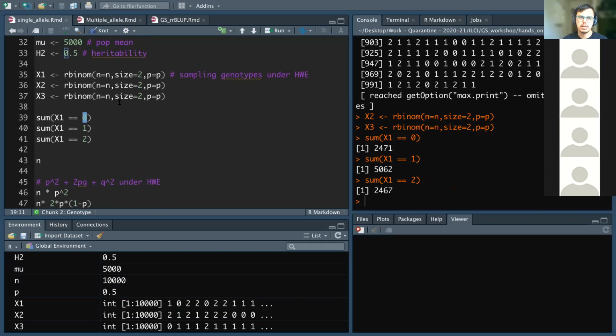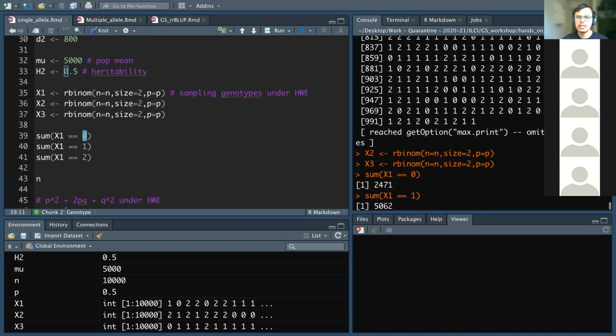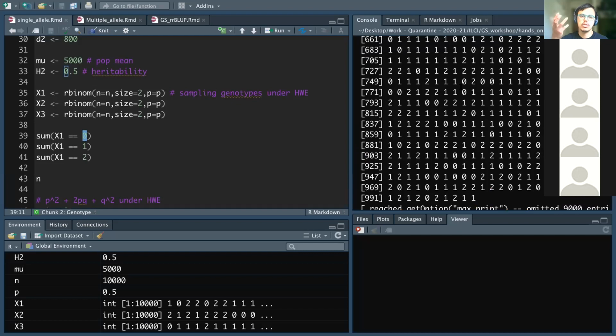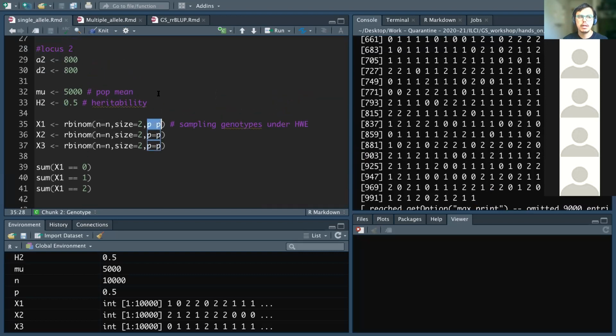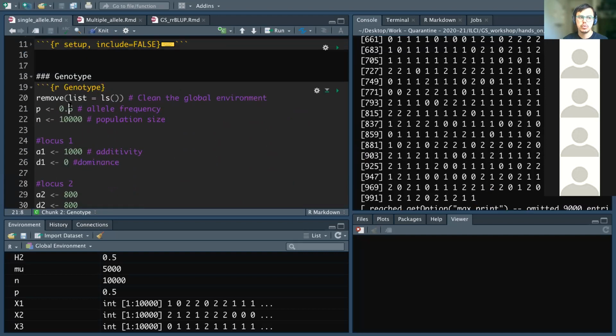That is the simple way to explain it. In the genotypes, we are going to have 0 for the recessive homozygous, 1 for the heterozygous, and 2 for the dominant homozygous. That is why we have to produce that size. And the probability is the allele frequency that we just put here, that is 0.5.